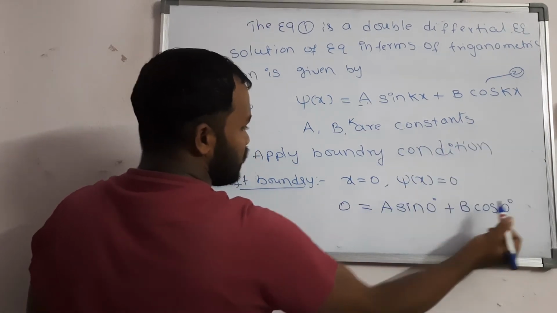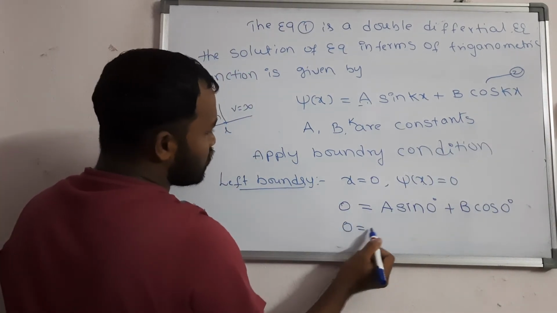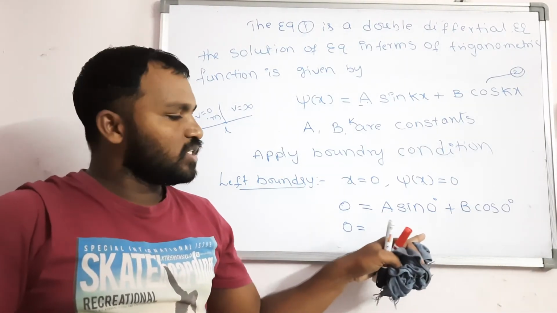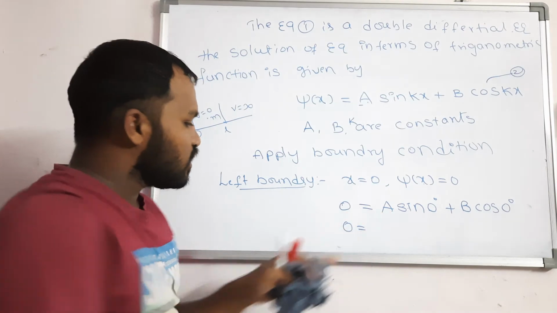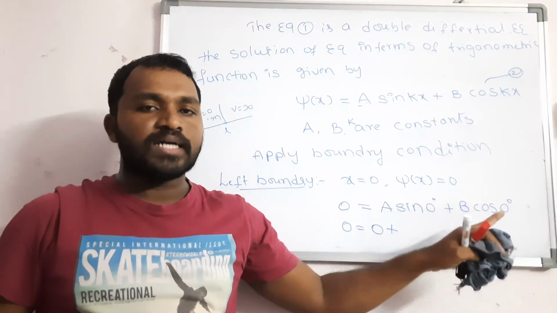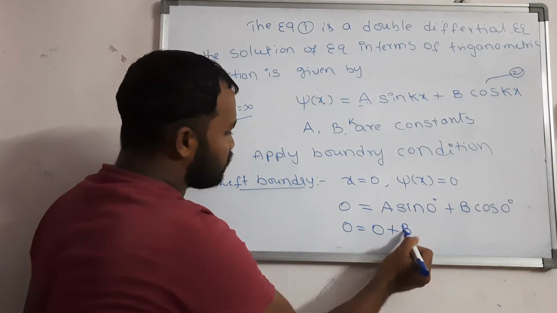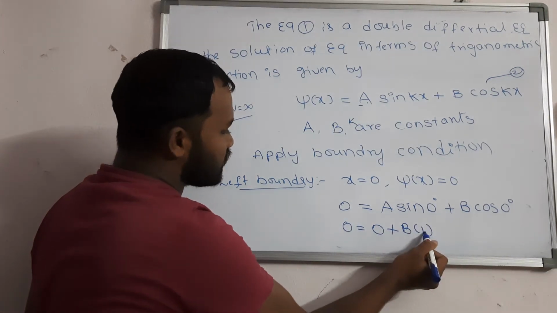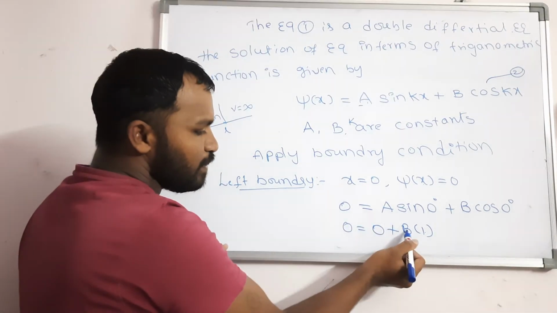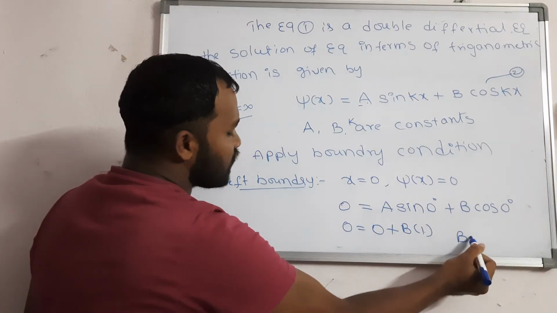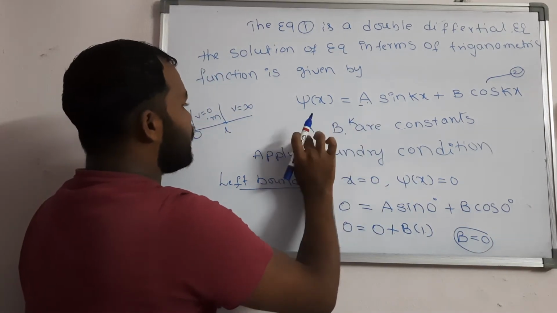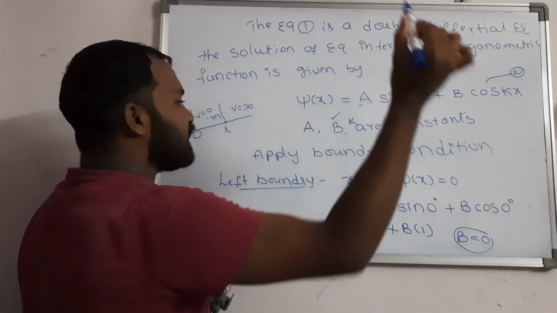Sin 0 value is 0, so 0 into a is 0, plus b into cos 0. Cos 0 is 1, so b into 1 is b. So b plus 0 is only b, and we get b is equal to 0. So we found one value, b, among a, b, k.